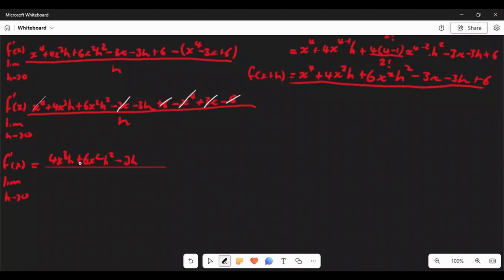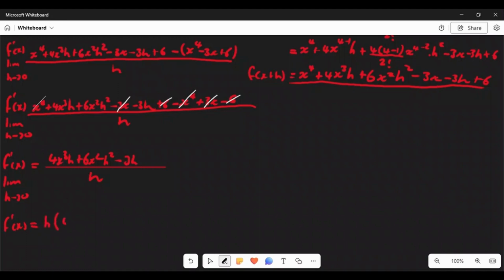If it so happens that you're left with any term that doesn't have h, you've made a mistake somewhere, you must go and check your f of x plus h, then divide by h. So from here, guys, as you can see, in the numerator all the terms have h, so you need to take out the common factor, which is h. So we continue to write f prime of x, and then we take out h as a common factor.